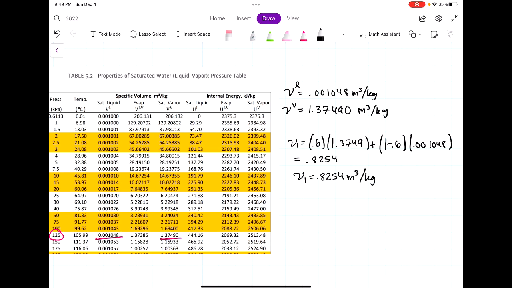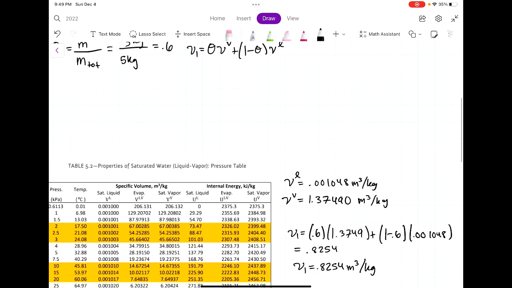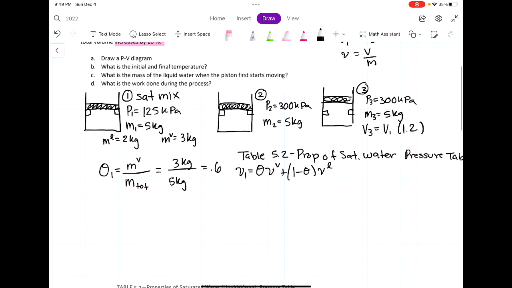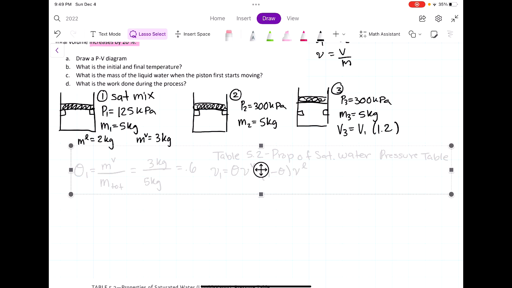Perfect. So with v, if we know that specific volume in state 1 is that, we also know what the specific volume at state 2 is. So 0.8254. Great. Perfect. So let's go ahead and move this down a little bit.